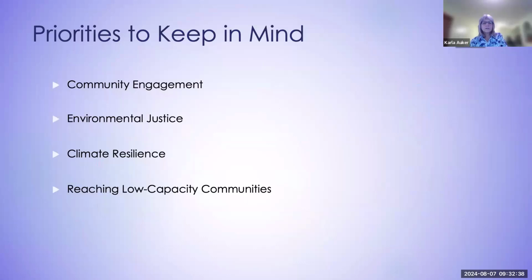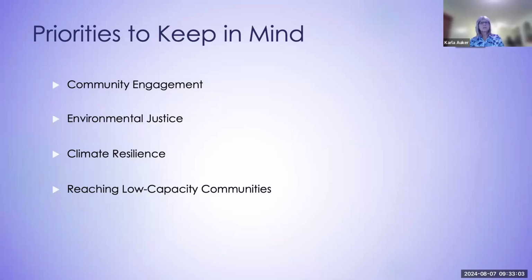Okay, some things just to keep in mind. Our priorities, especially for the infrastructure law bill, they just enhanced those priorities or reiterated them and brought them even more to the forefront, is community engagement. We want the community to be involved. Environmental justice. We want to reach out to environmental justice communities.